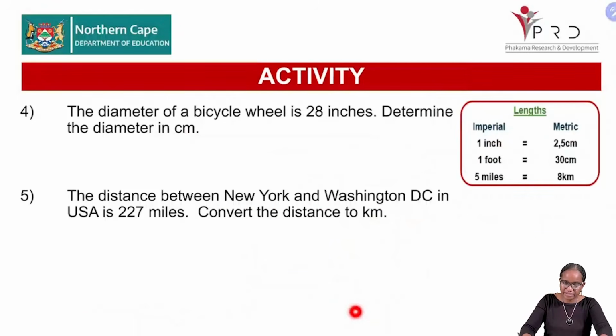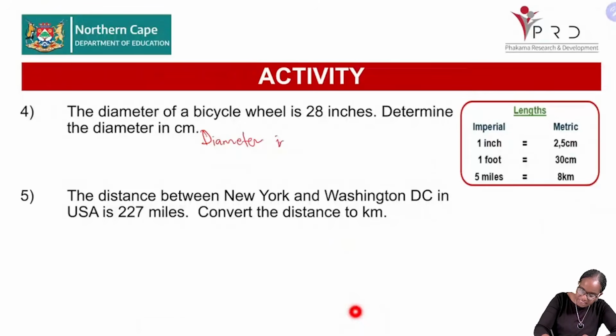Move on again. The diameter of a bicycle wheel is 28 inches. Determine the diameter in centimeters. Still the same way, class. We are looking for diameter in centimeters. So we have diameter in centimeters over the diameter in inches.